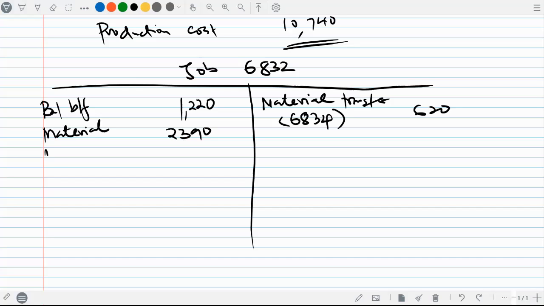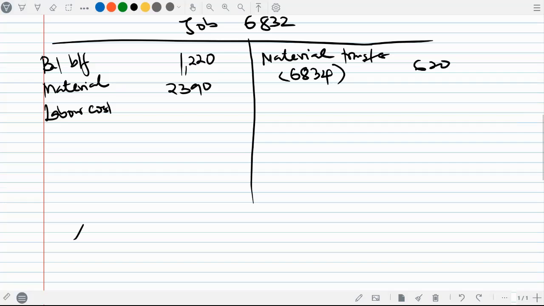Then you have labor cost. The labor cost for job 6832: labor hours is 430, so I think you can work it out. Labor cost is equal to 430 hours times the cost per hour of 3. That gives us $1,290.